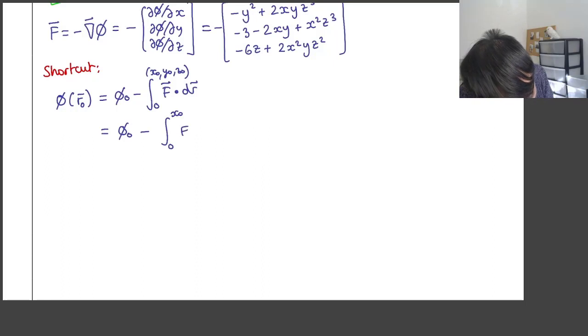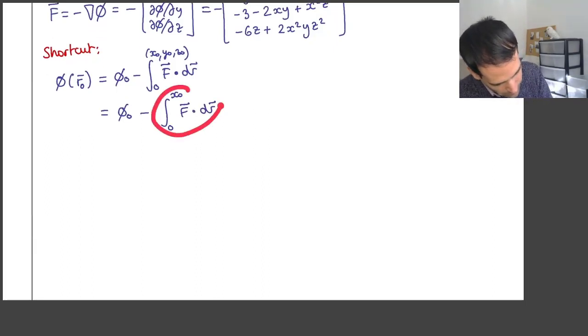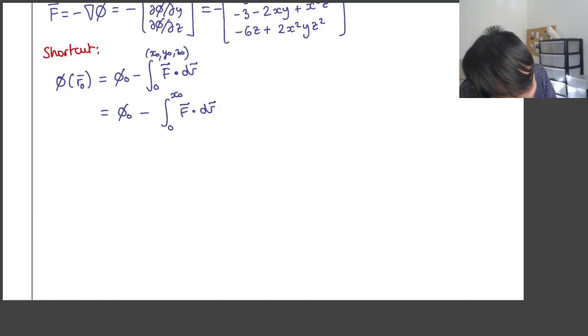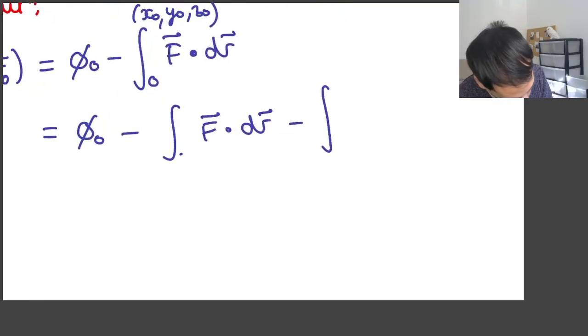of f dot dr. So this is the first integral, the first path. Then the integral from 0 to y0, but x being constant. So maybe I should write here the actual 0, 0, 0 to x0, 0, 0.